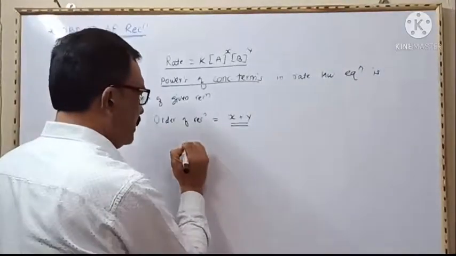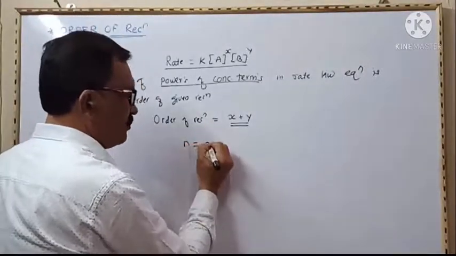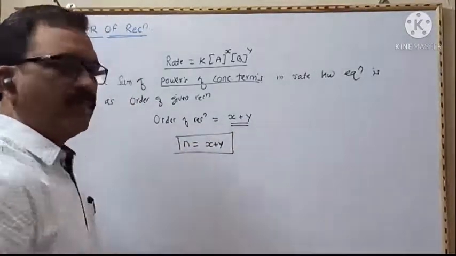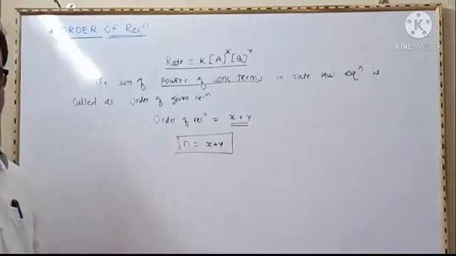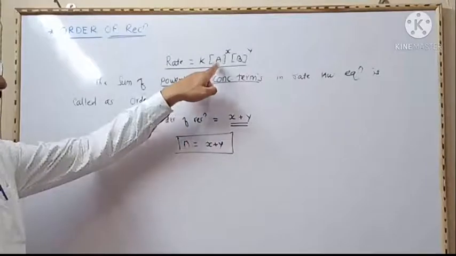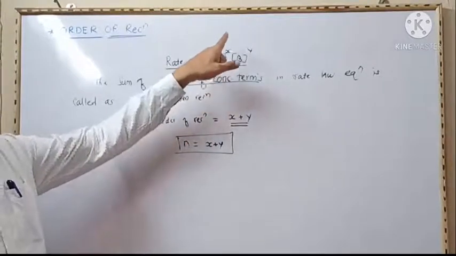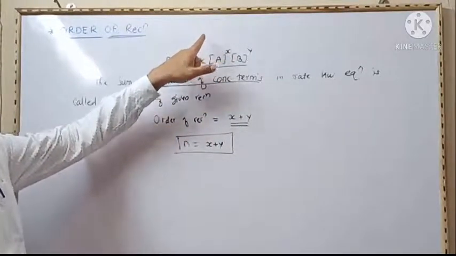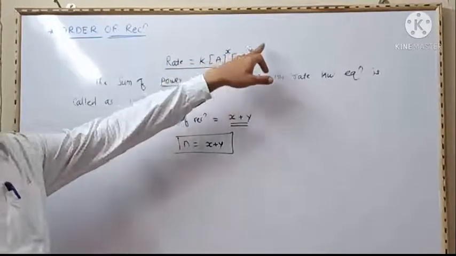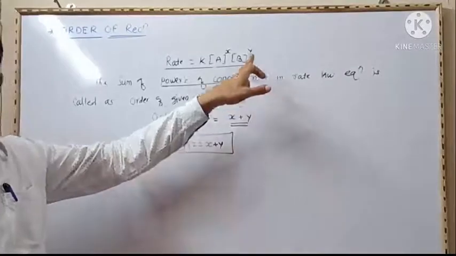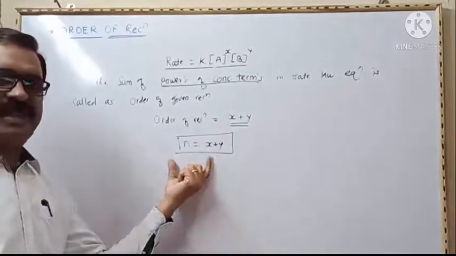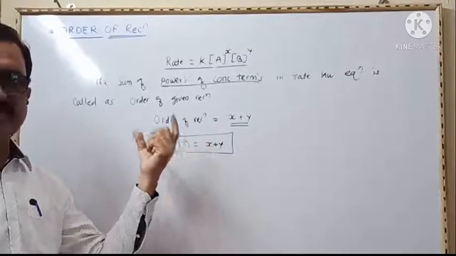That is, the order of reaction is equal to x plus y, the sum of the powers of the concentration terms. Here, the reaction is x order with respect to reactant A and y order with respect to reactant B, but the overall order of reaction is x plus y.